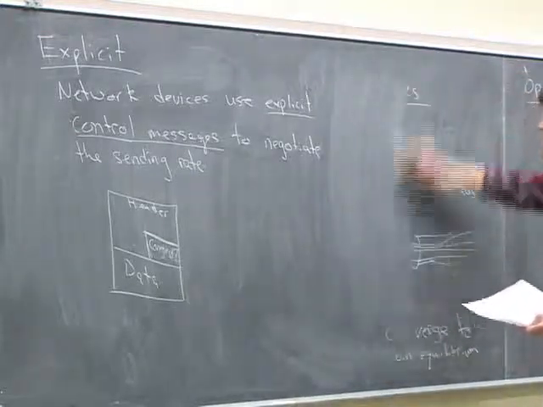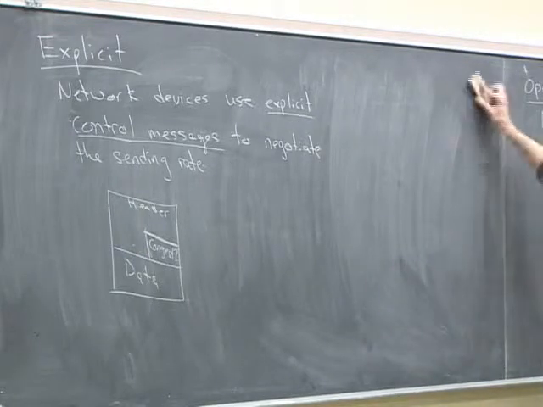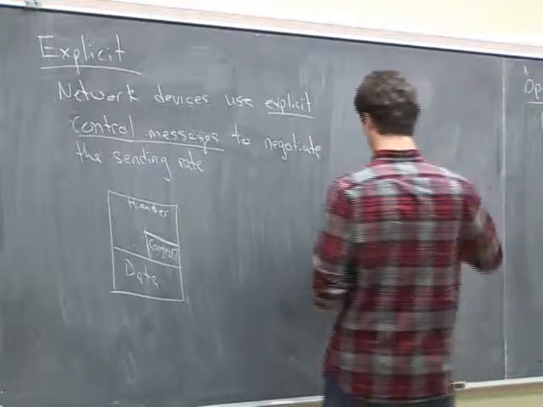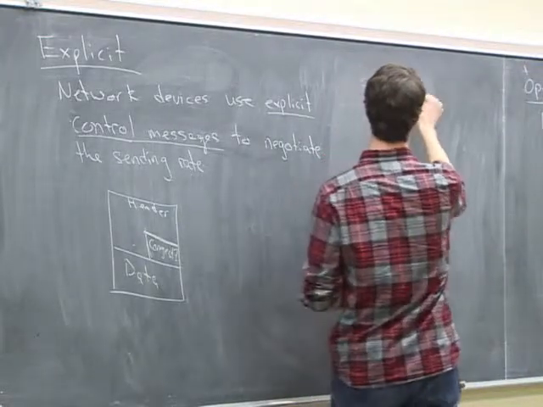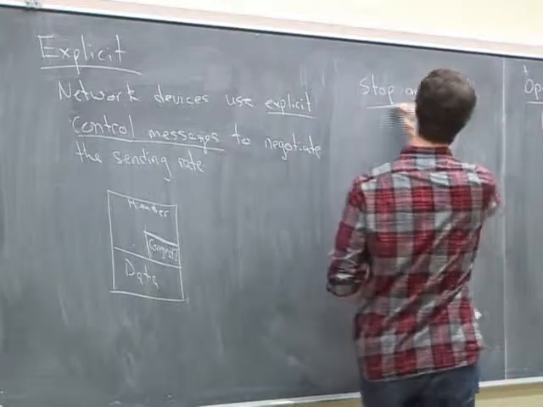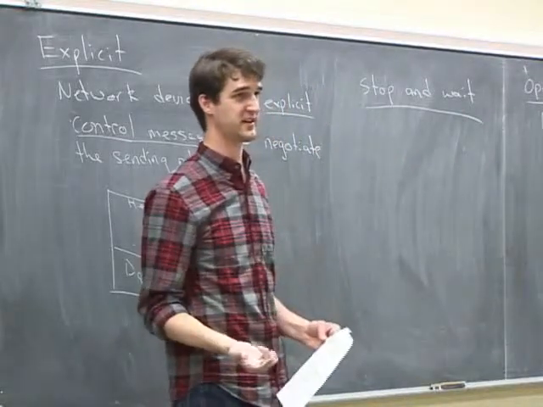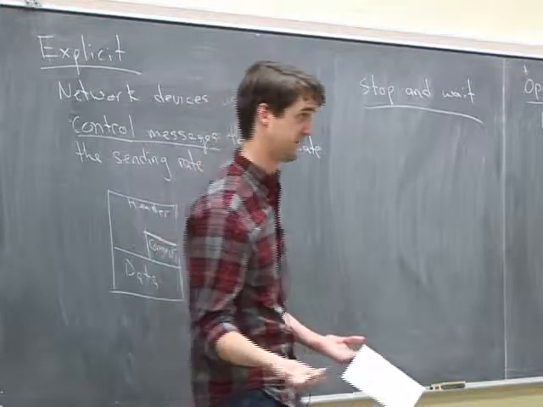Let me give you a couple examples of protocols that are explicit feedback protocols. The first one is called stop and wait. This is one of the simplest flow control protocols because all you do is you send a packet, you stop, you wait until you receive an acknowledgement, and then you send another one.